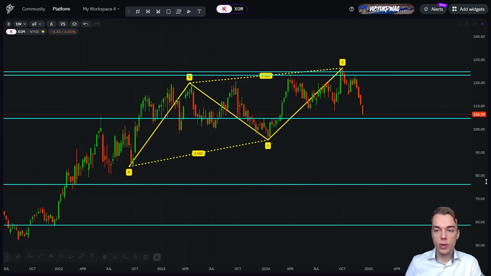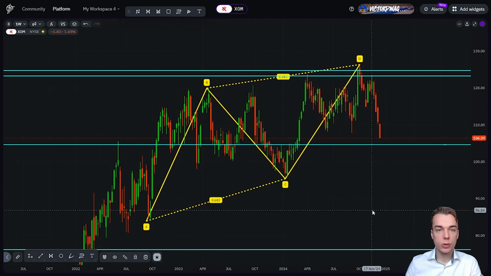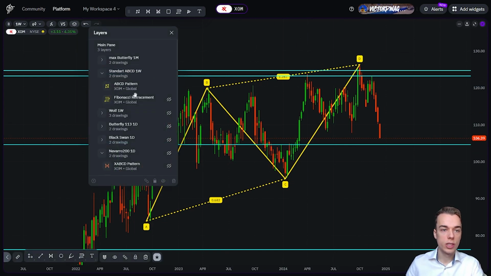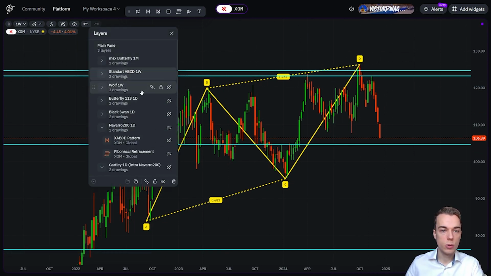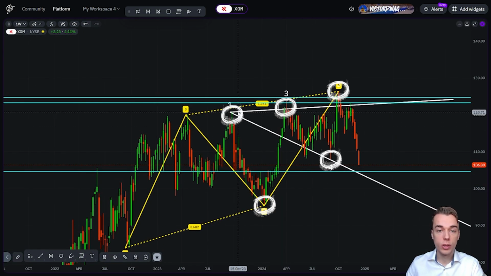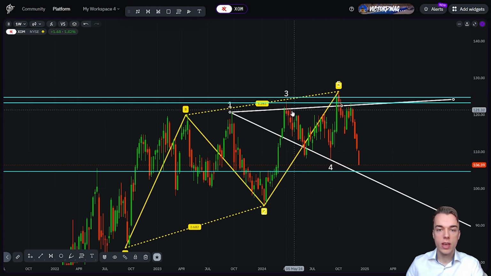Since we want to use all the information we have, we'll look for structures next that can further define our pattern point D right here, which is once a wolf. The wolf is a 5-point structure consisting of 5 points, 1, 2, 3, 4, and 5, and 2 lines.